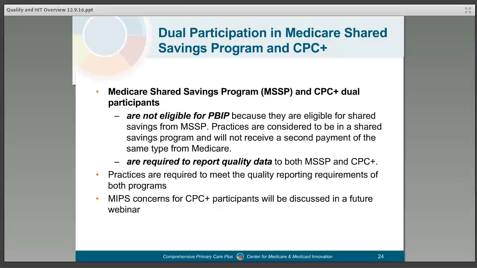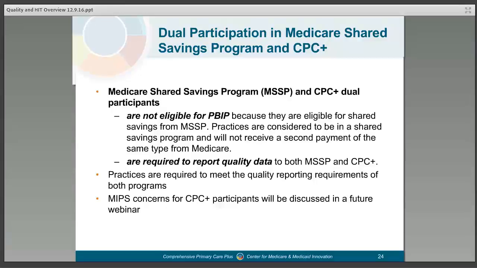Both models have their own requirements, and both are assessing changes in your practices or changes in the ACO, sort of a larger group of clinicians there. So we both are requiring that you submit the data that each program is requesting so that we can assess your progress in the model.